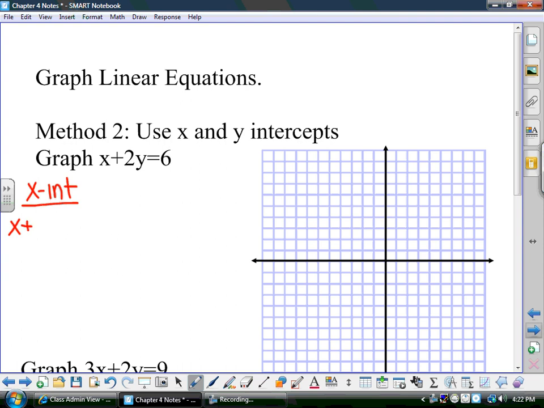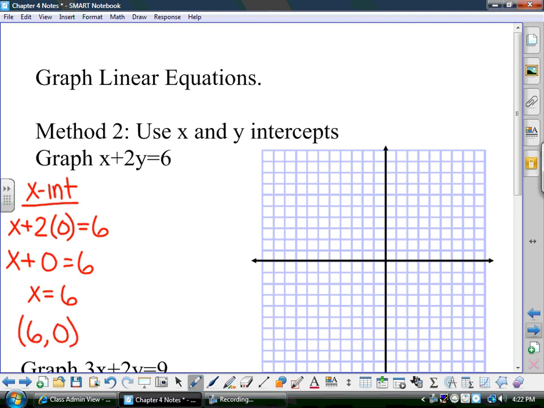So I'm going to say x plus 2 times 0 equals 6, and I need to figure out what that x number would be. The x is 6. So my final answer is (6, 0). (6, 0) is the x-intercept. It's where this line is going to cross the x-axis.